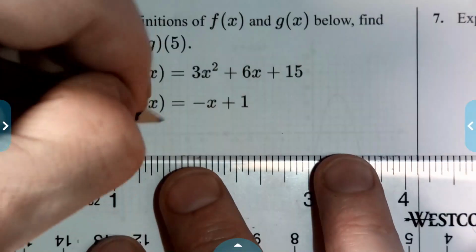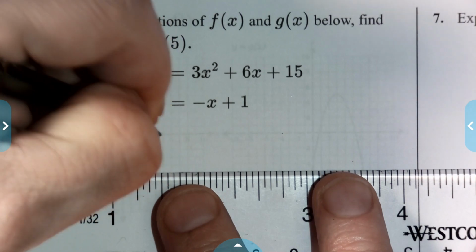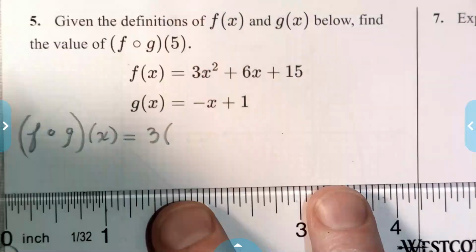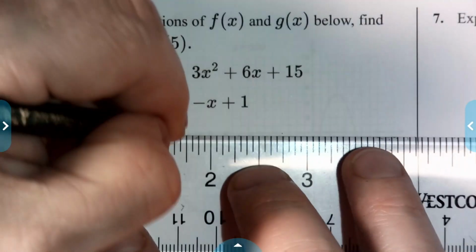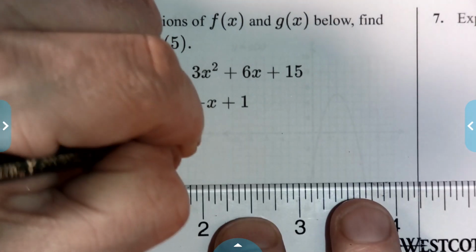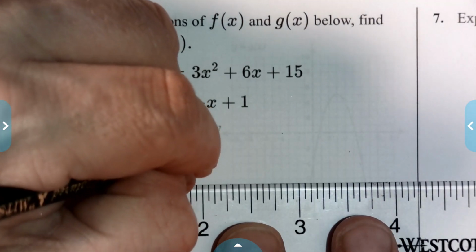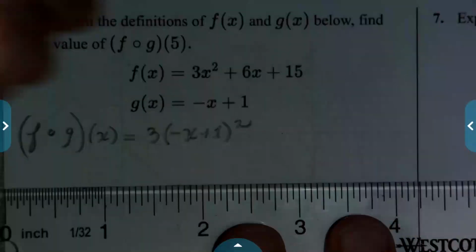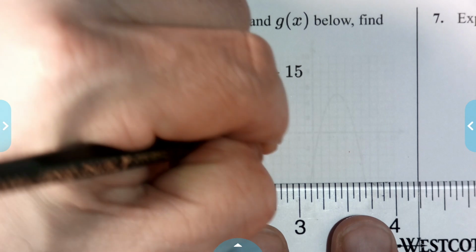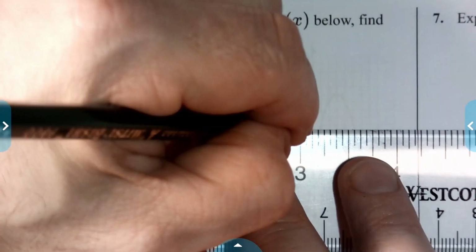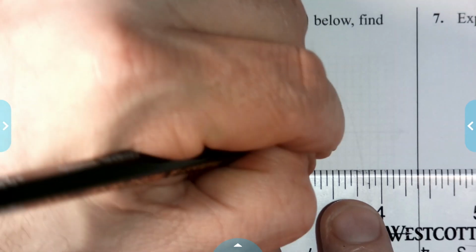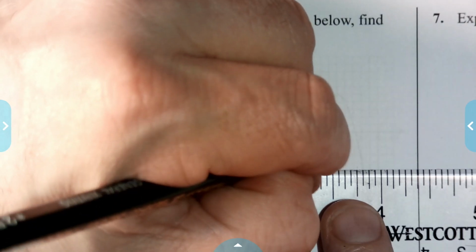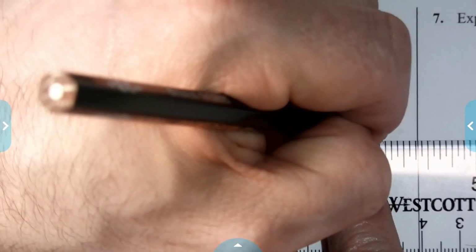Okay, so I'm going to have 3 and then open parentheses and then negative x plus 1 close parentheses squared plus 6 open parentheses negative x plus 1 close parentheses plus 15.